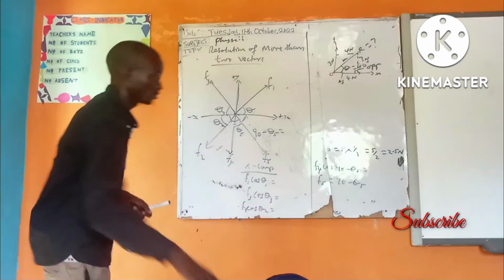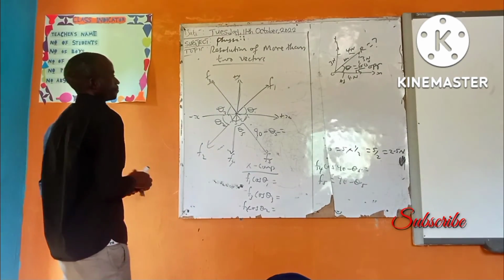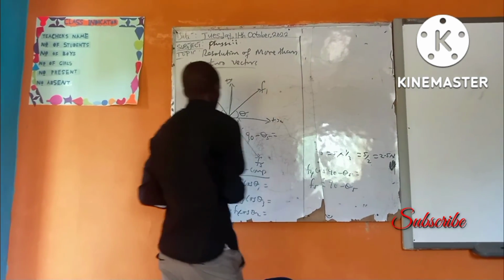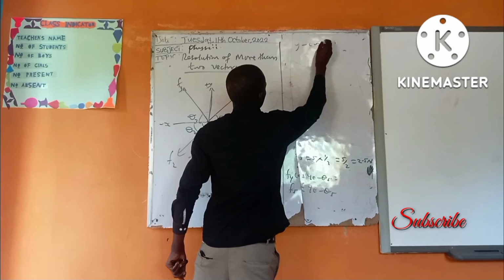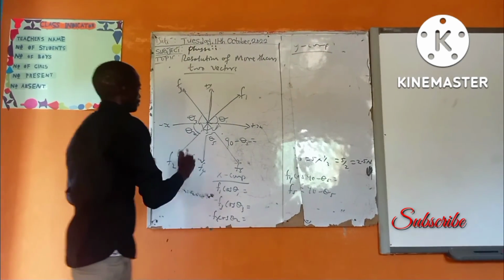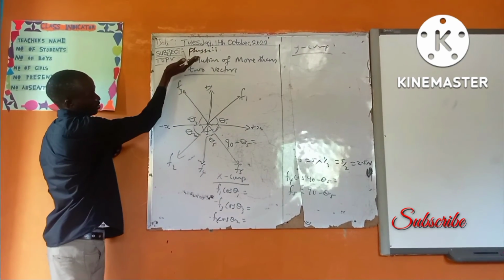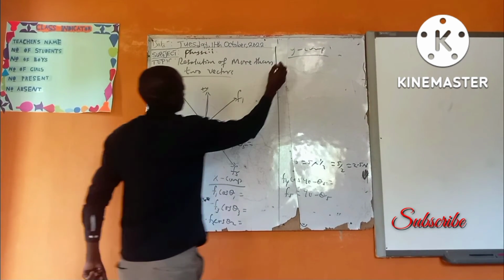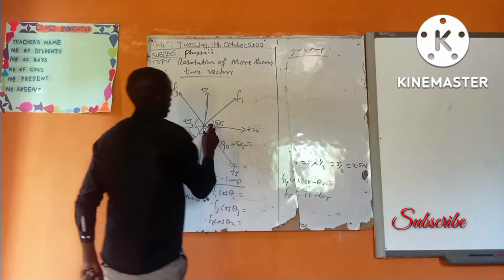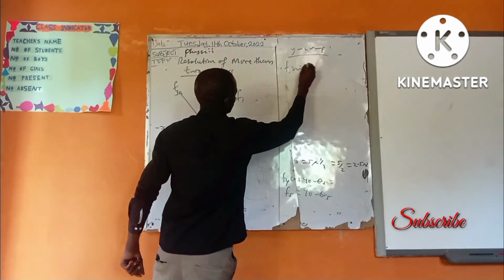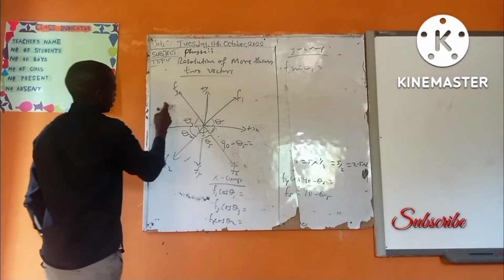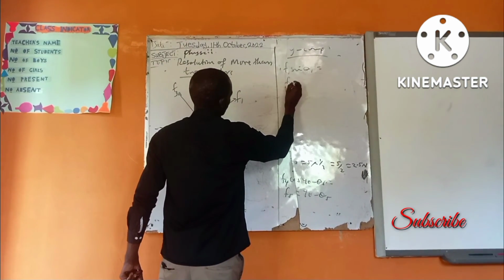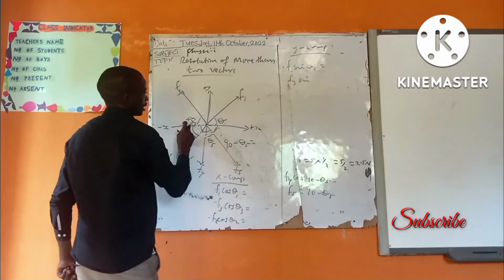So in resolving for the vertical, from this part upward is positive. This way is negative. So this will be F1 sine theta 1. Coming here is positive, since I'm considering vertical, so it's F3 sine theta 3.